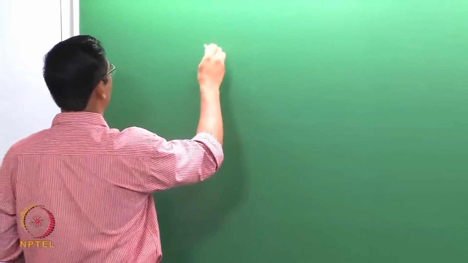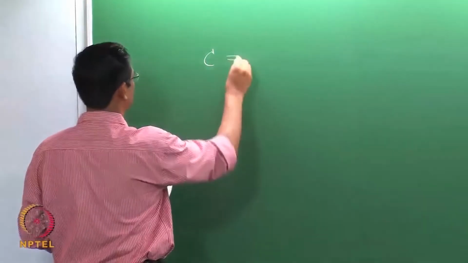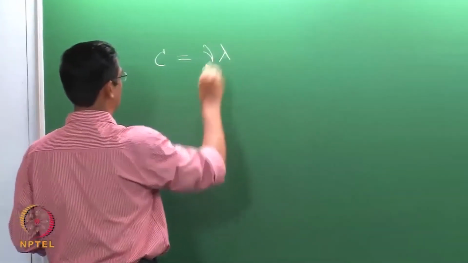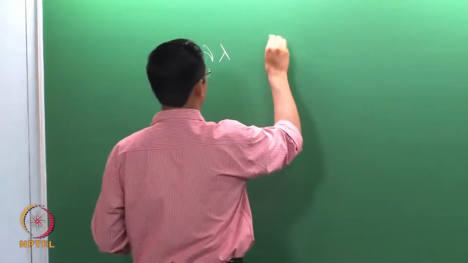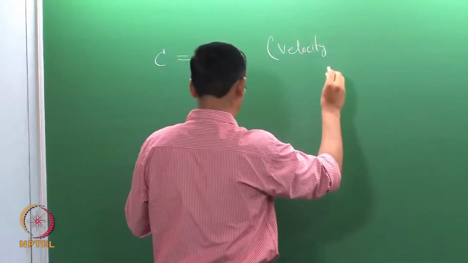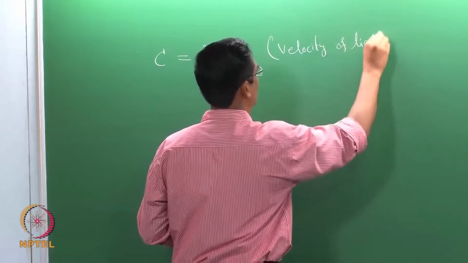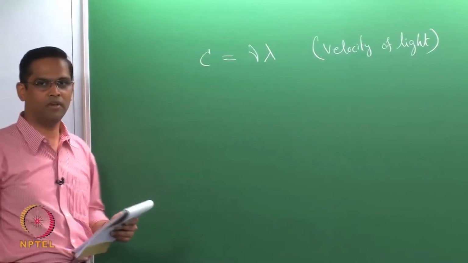So, you have something called c equals nu lambda, and this equation describes the velocity of light.